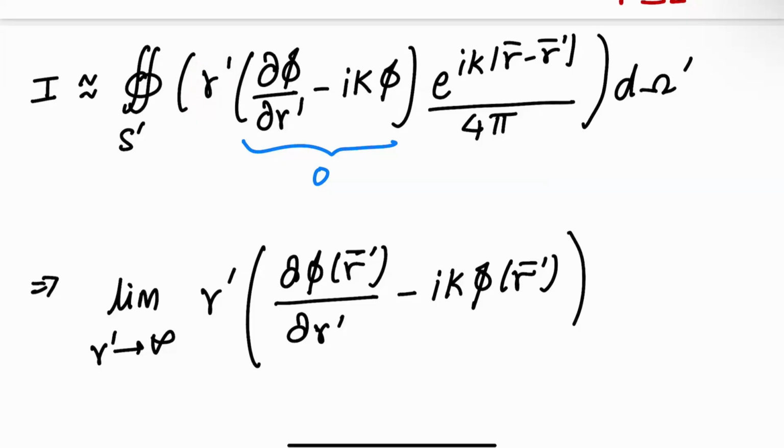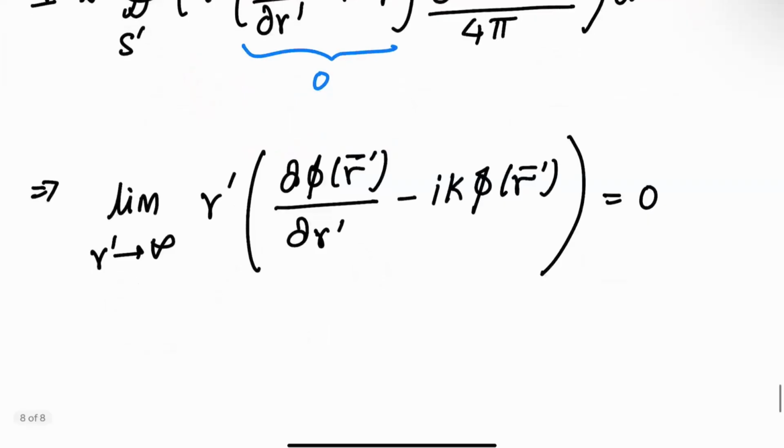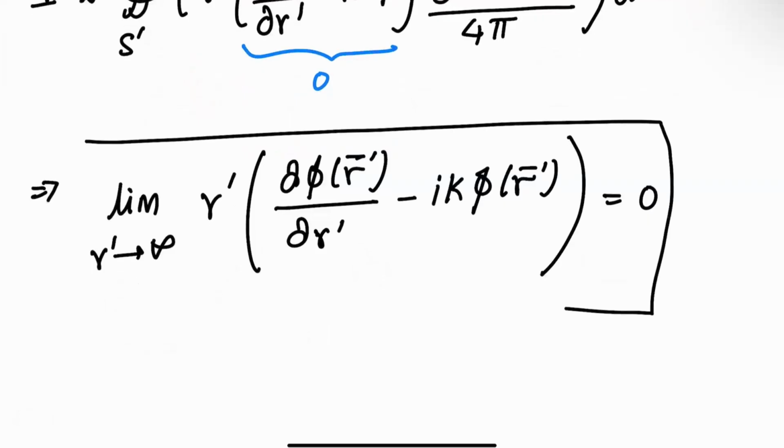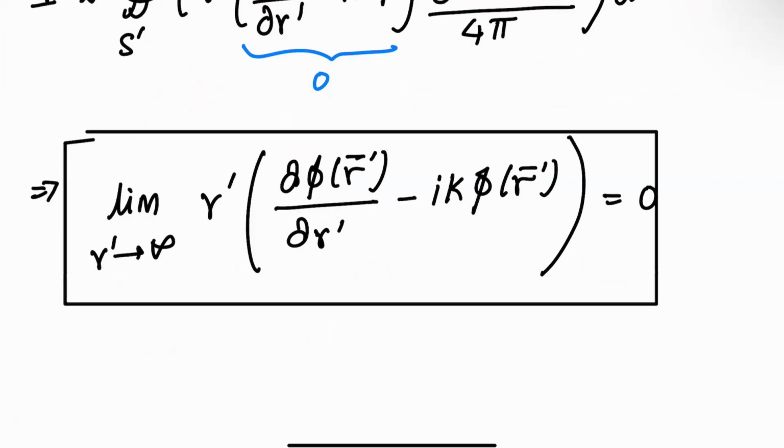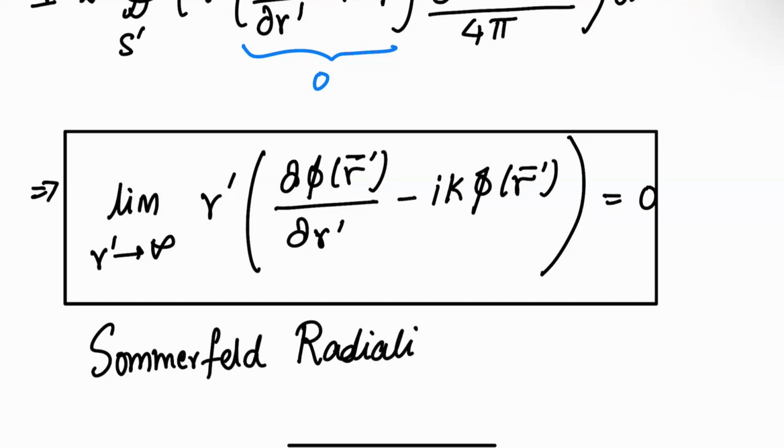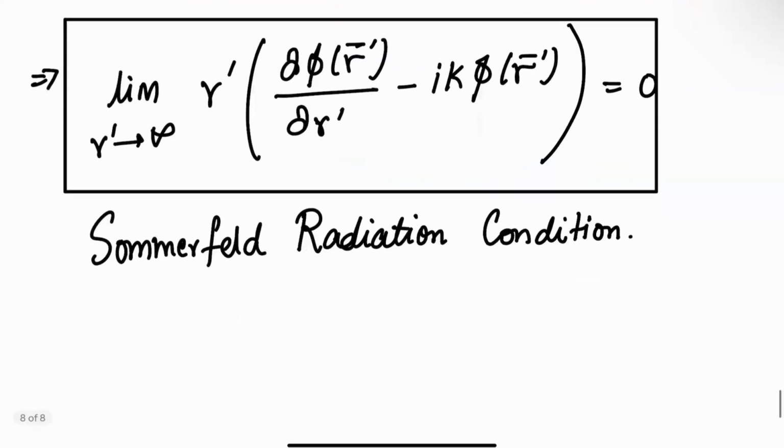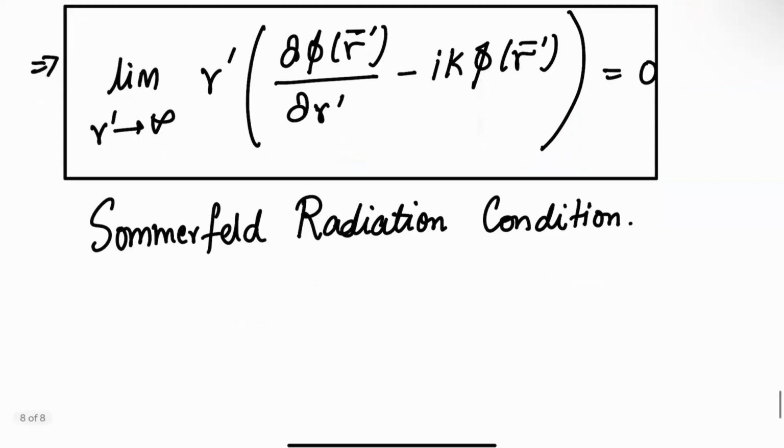This whole thing should be equal to 0, and this is called the Sommerfeld radiation condition. Essentially, if you impose this radiation condition on the potentials on the surface, you don't have any contribution coming into the volume.